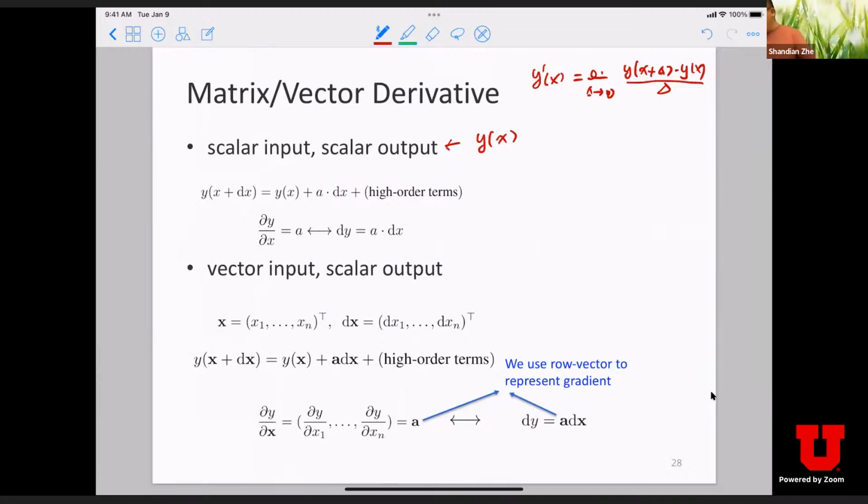So we can show that if this perturbation delta goes to 0, meaning that the limit of this fraction exists as delta goes to 0, then we say y is differentiable at x. And its derivative or gradient is this limit.